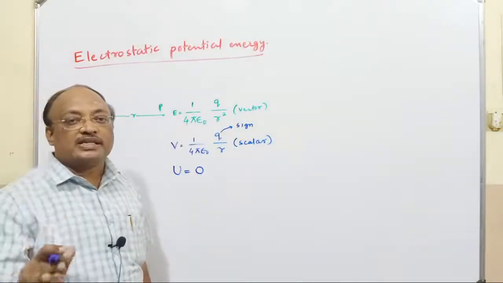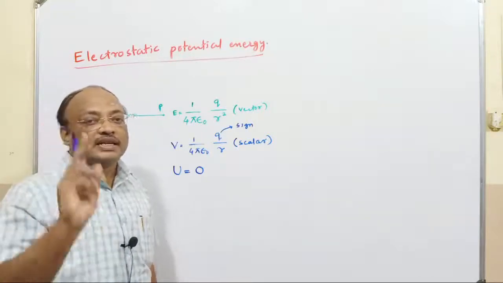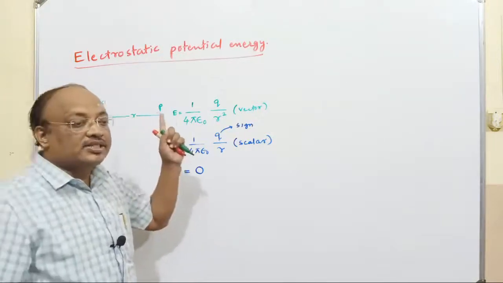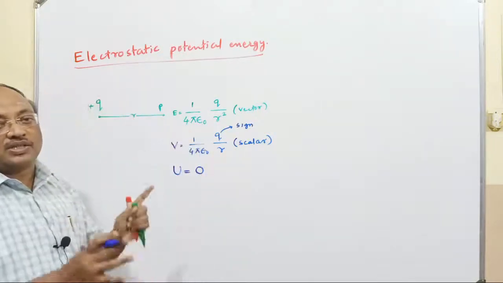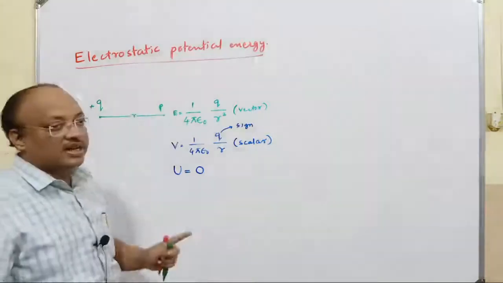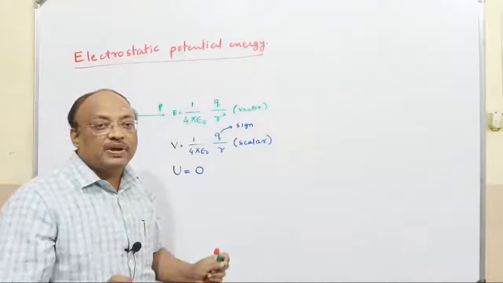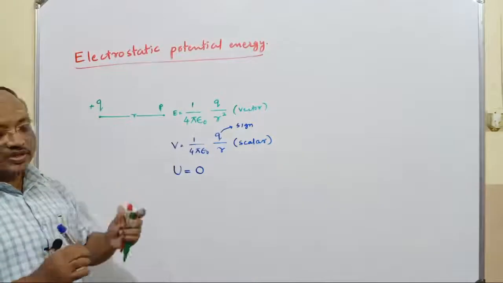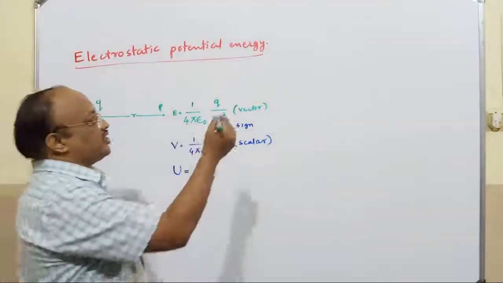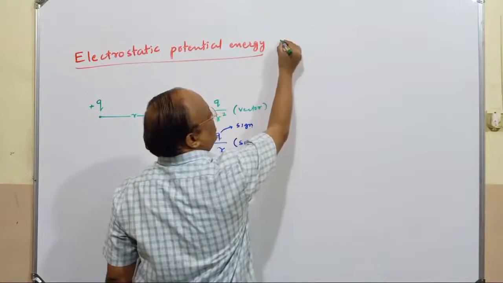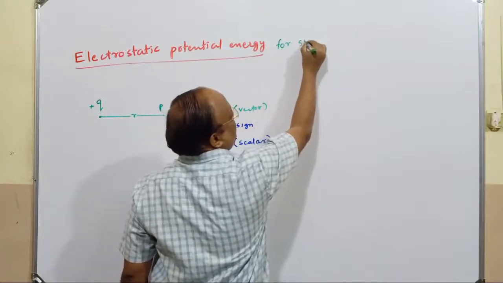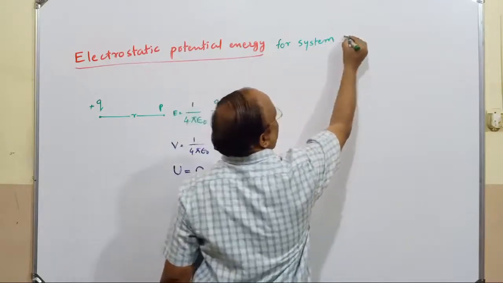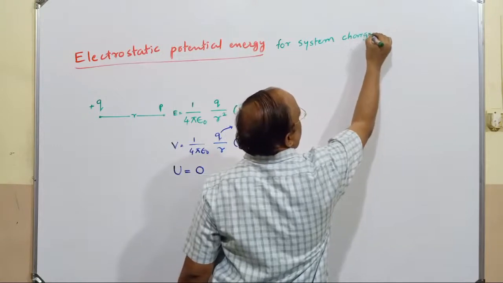Electrostatic potential energy does not exist for a single charge. It always exists in a system of multiple charges. Therefore, I must mention here electrostatic potential energy for a system of charges.